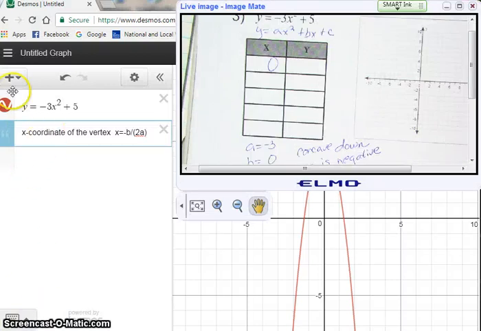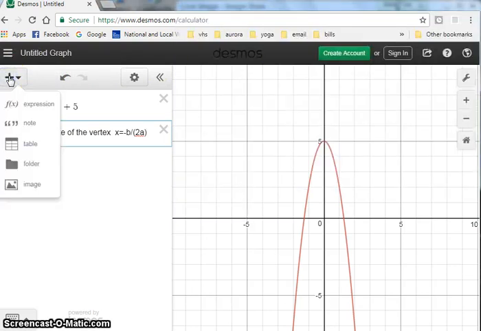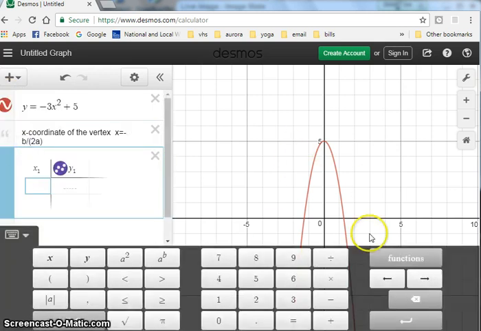Over here, I'm going to add a table. I hit the plus thing, and it gives me some choices, and I'm going to put a table in right now. I see what the graph looks like, but I want to use a table. This table is different from the one on the graphing calculator.